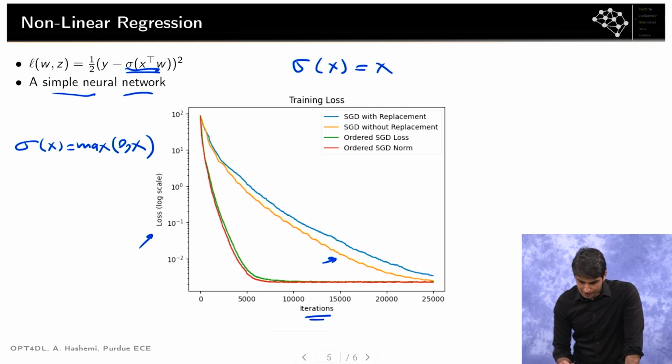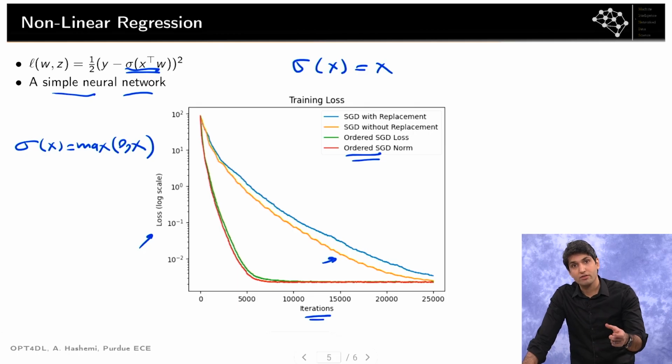All right. So the last two versions we haven't talked about before, and these are what I call ordered SGD, where we're going to be a little bit more strategic when forming the minibatch. Essentially, what we're going to do, we're going to look at either the loss value of a sample in the minibatch or the gradient norm of the sample in the minibatch, and prioritize selection of these samples.